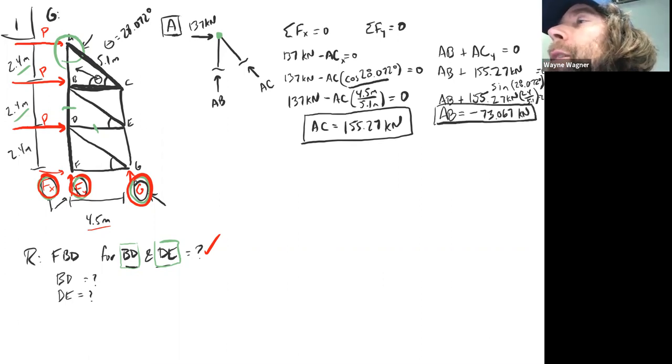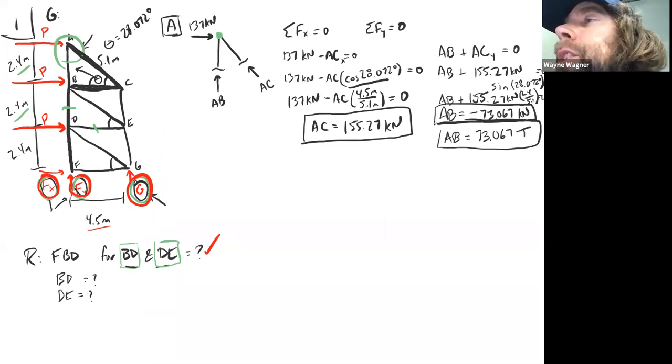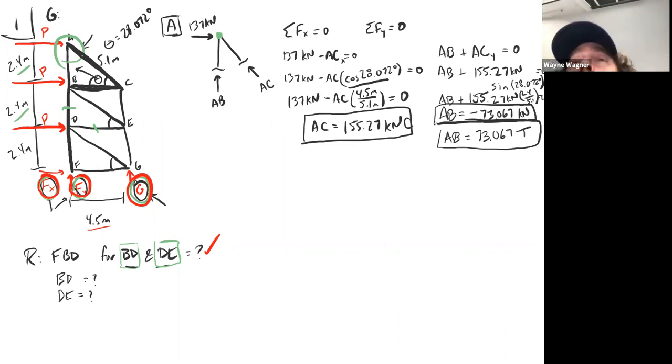So AB equals 73.067, and that's in tension. We can just put a C on the end because we don't need to switch the sign. All right, that's cool.